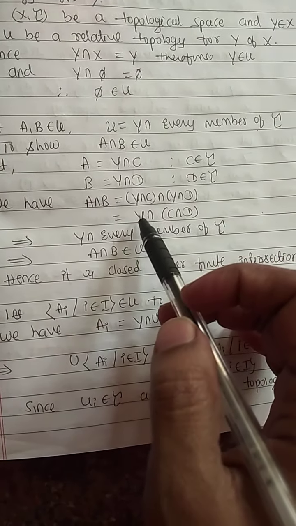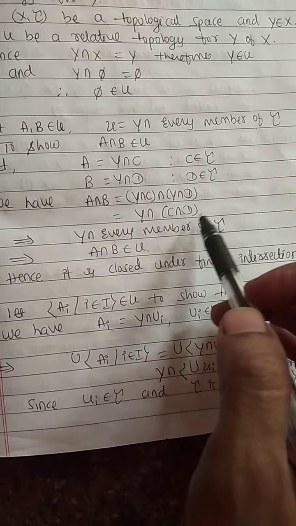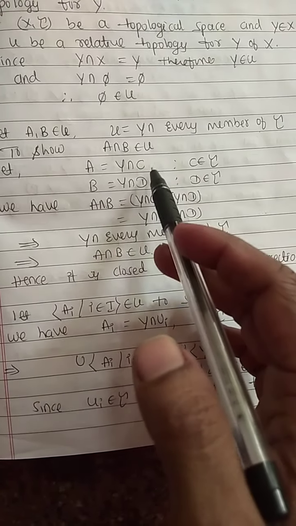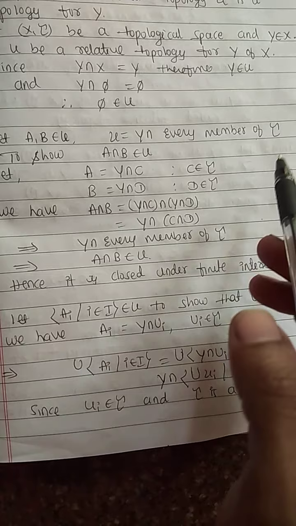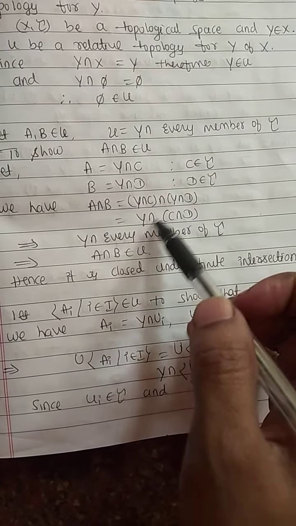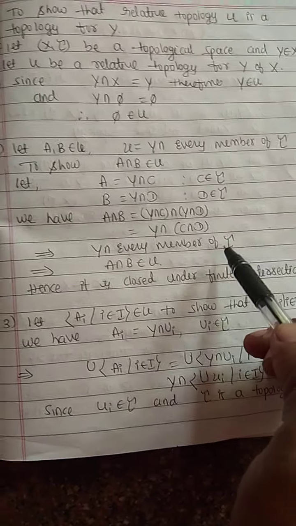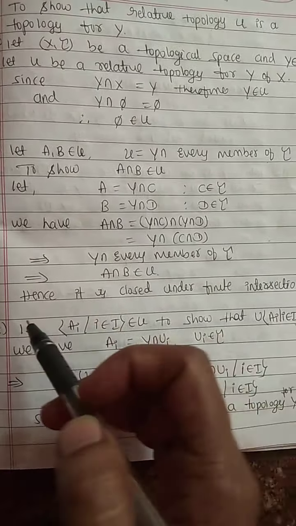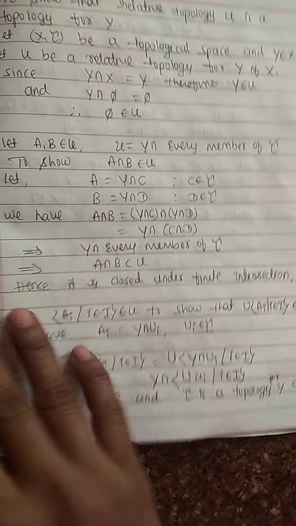This can be written as Y intersection (C intersection D). Since C belongs to tau, D belongs to tau, and tau is a topology, C intersection D also belongs to tau. Therefore, Y intersection every member of tau. This implies A intersection B belongs to U. Hence, it is closed under finite intersection.